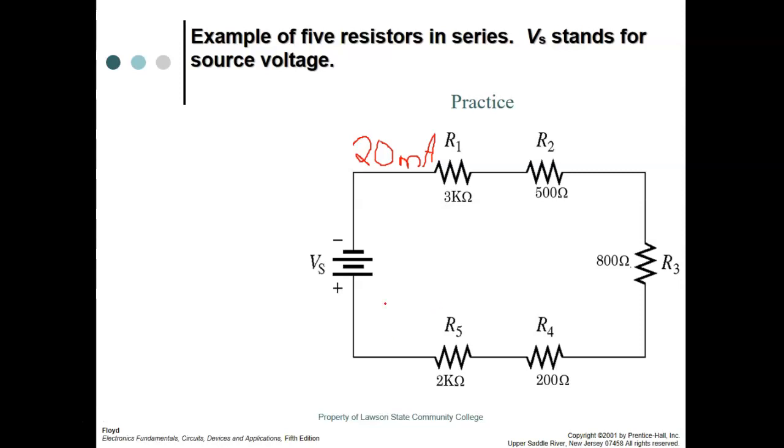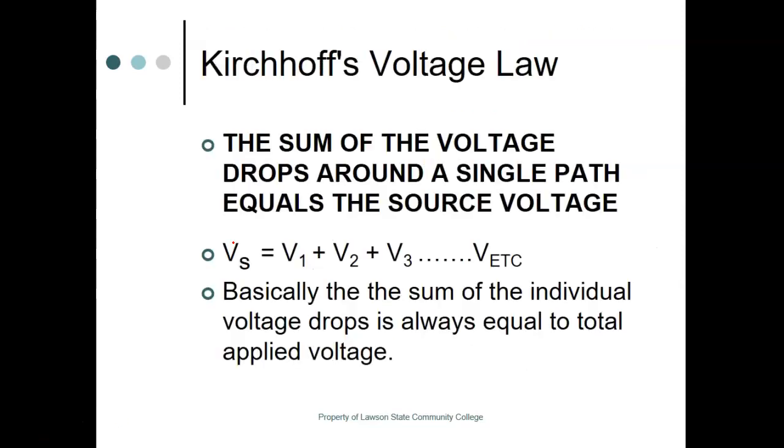I'm going to have a gentleman named Kirchhoff. He came up with several laws for electricity. When it comes to series circuits, Kirchhoff's voltage law states that voltage will add. It means that all voltage can add and that all voltage will be dropped in a circuit.